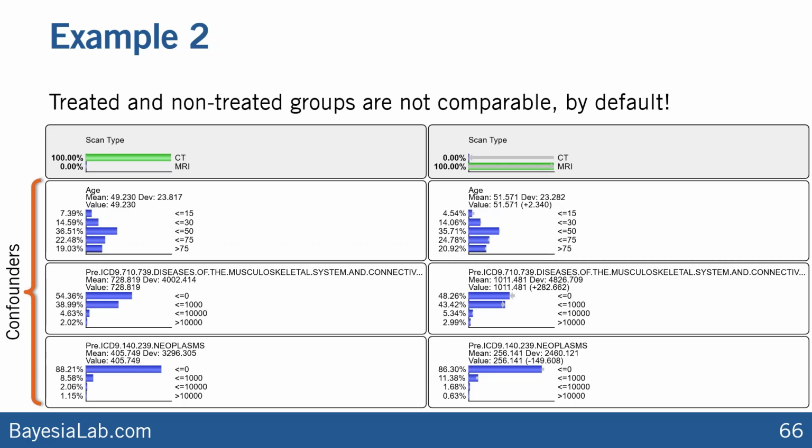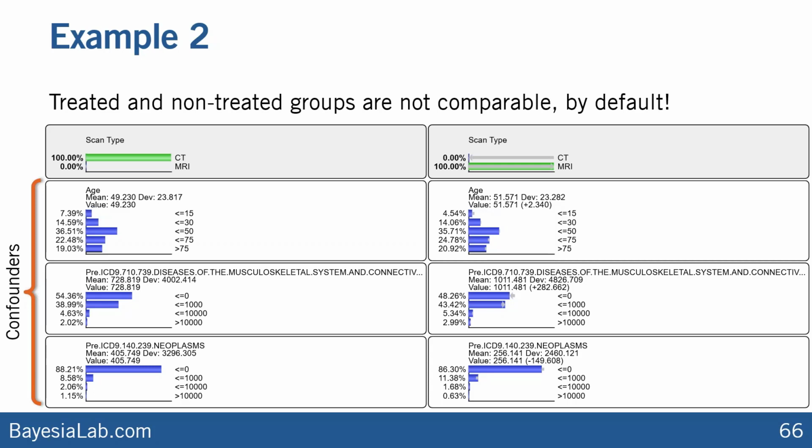So here we have three of our confounders, our pre-treatment variables. We have age, the ICD-9 spend for musculoskeletal system and connective tissues, and the ICD-9 category for neoplasms.